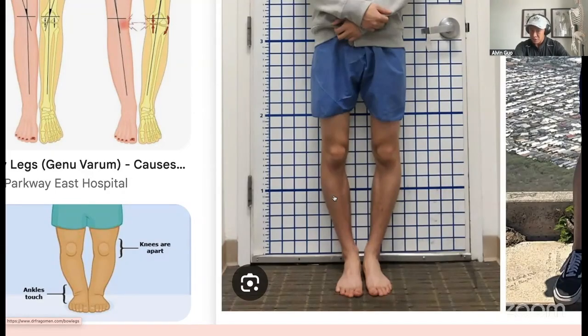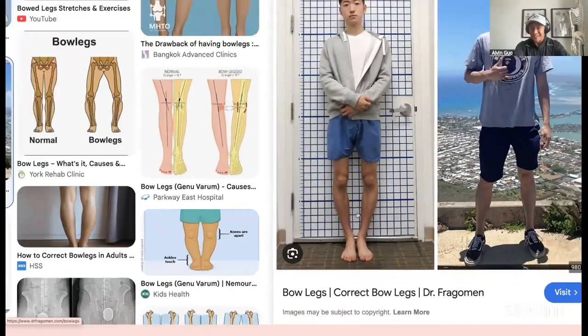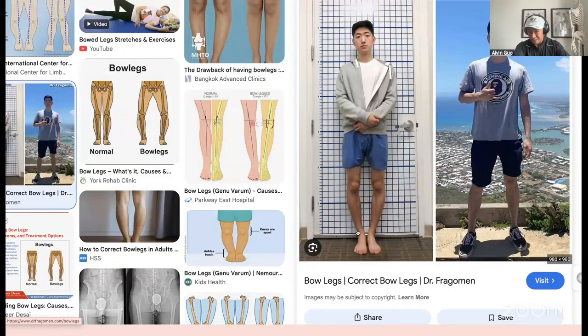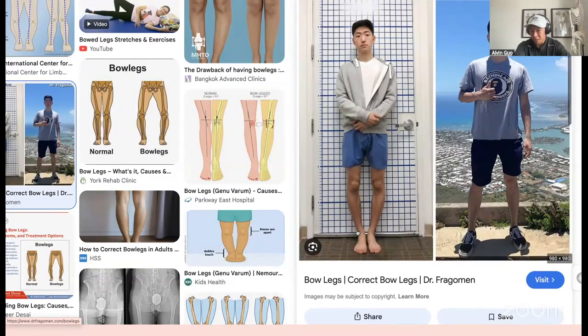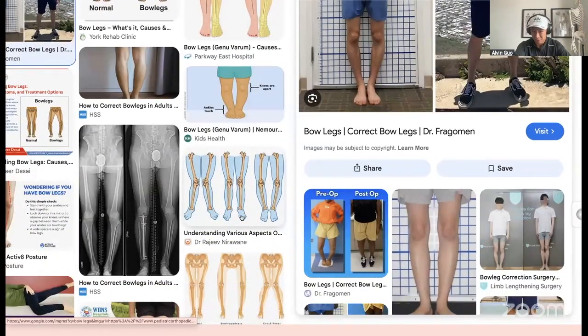The first compensation should be that your tibia moves in and your femur moves out. Now he's doing the exact opposite because he's losing too much internal rotation. So he literally turns his leg out so he can fake a little bit of internal rotation. And this is not what we're looking for. If you have this, it's not going to be a huge problem if you don't have any pain, but if you do have pain, it's going to be a major problem for you.